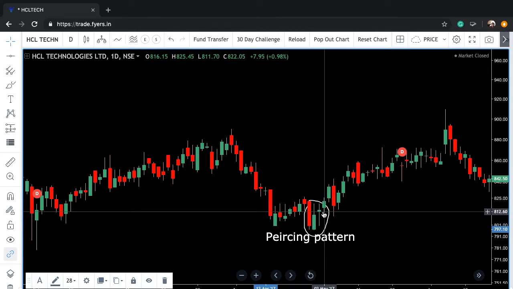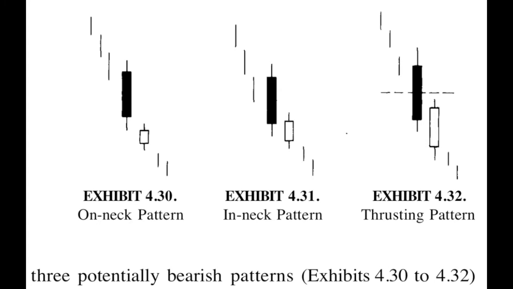Steve further says that when the piercing patterns are not really appropriate, there are some other Japanese patterns known as on the neck, in the neck and thrusting patterns. The image you are currently seeing is copied from his book.